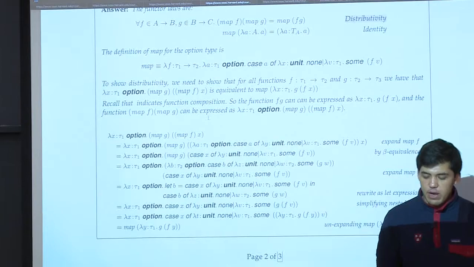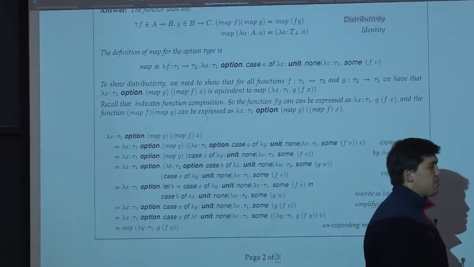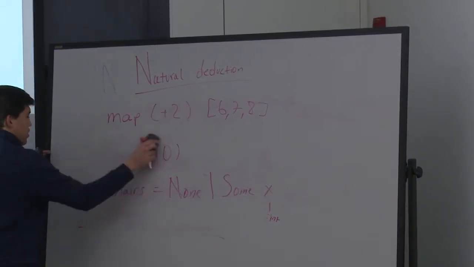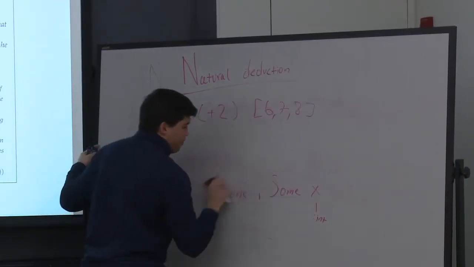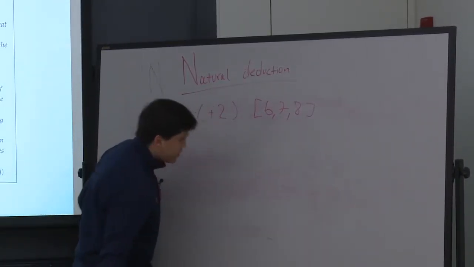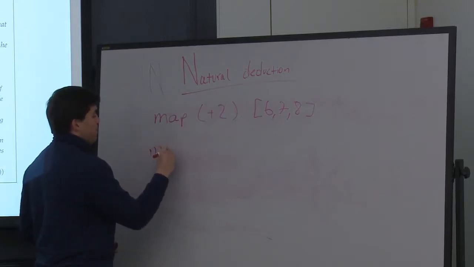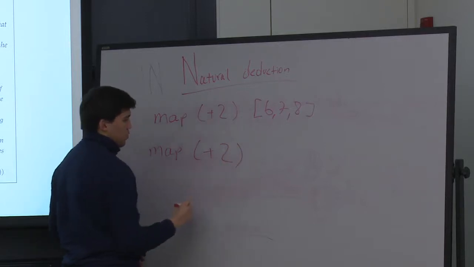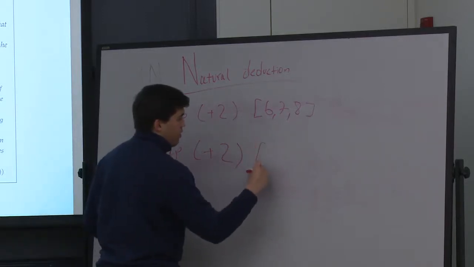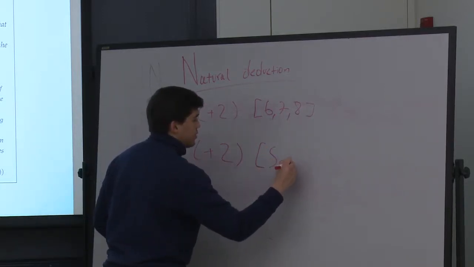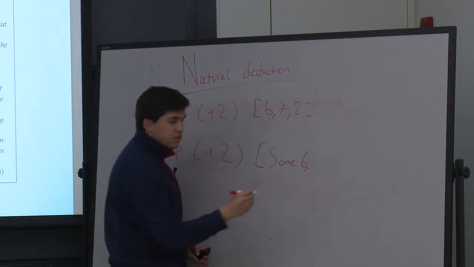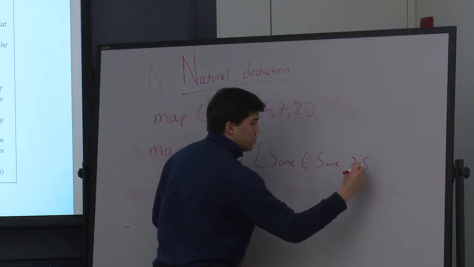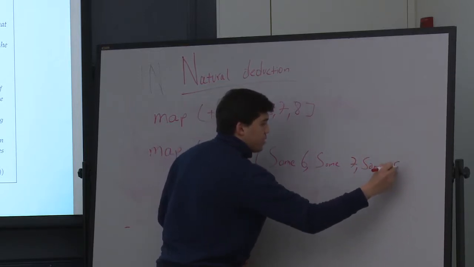So instead of, let's say, just having a list 6, 7, 8, we have perhaps this condition, map, same thing, +2. And now we have, let's say, Some 6, Some 7, Some 8.